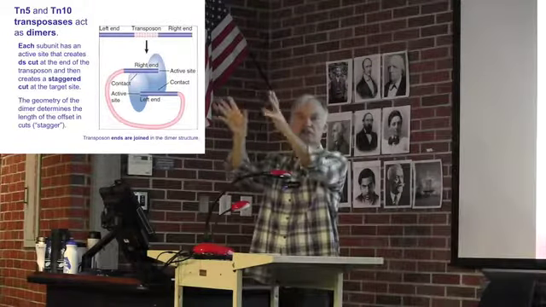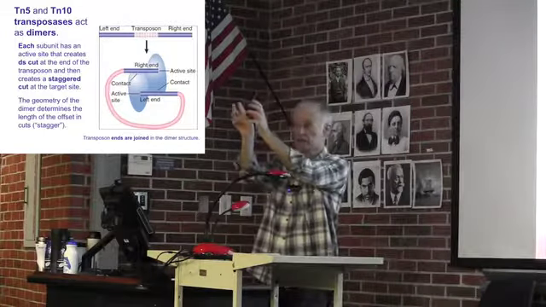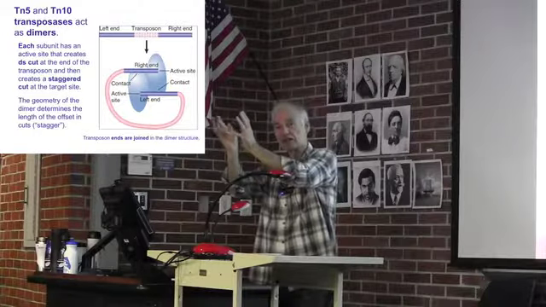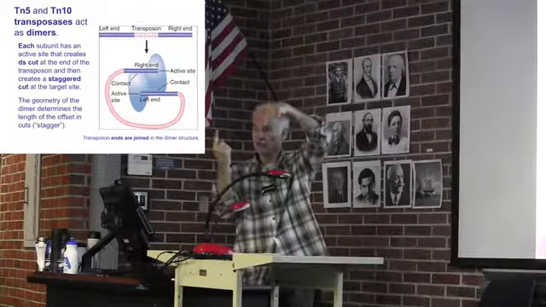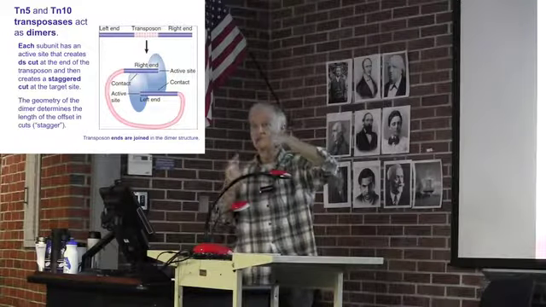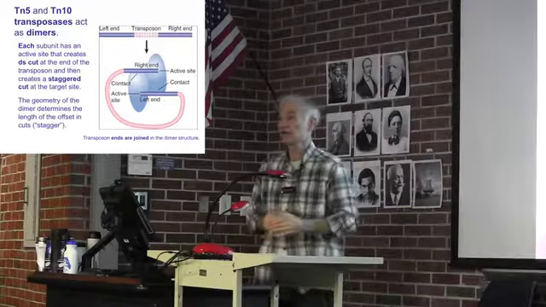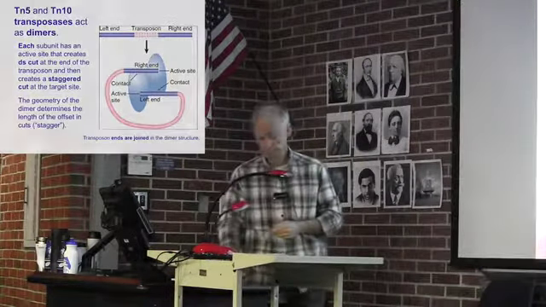And the topology, or the physical dimensions of this transposase itself, determine how close those cuts can be. That creates the stagger, and of course the stagger in the cut, or how much they're offset, determines the length of the direct repeat that is generated in repair of that overhang event.